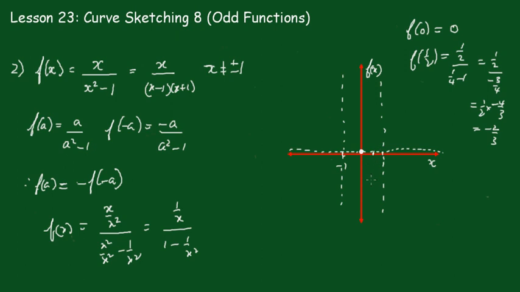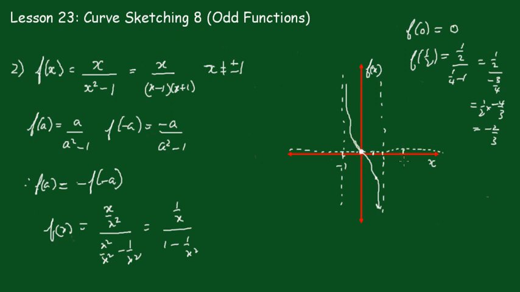So we have this value down here. Seeing that's an asymptote, the function will continue on like this. And because we know it's an odd function, it'll do the same on this side. So this point here will be (-1/2, 2/3). So there we go. Like that.